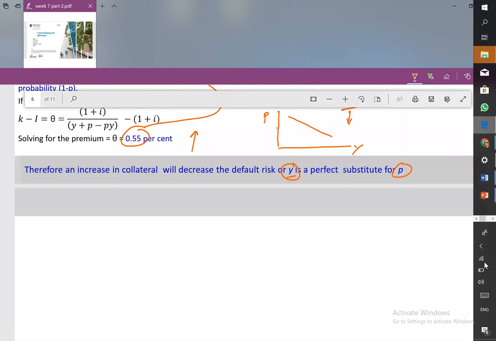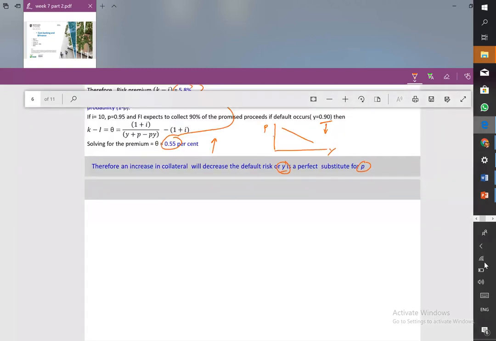When a customer, as I told you, has a very good history in credit risk and a high probability of payment, of course you will ask him for a very small premium.